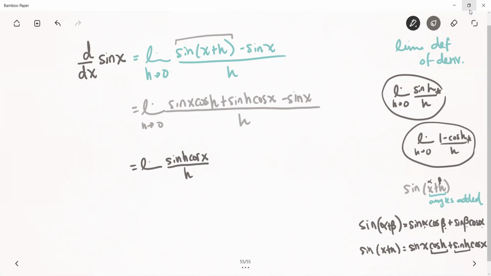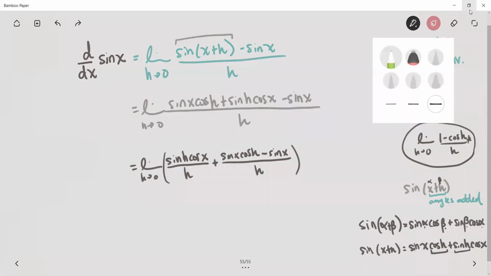And then I have left sine of x cosine of h minus sine of x over h. So I've kind of separated them, right? Because I was pulling the piece that looks like this limit so that it was looking even more like my limit. And I kind of have my leftovers here.